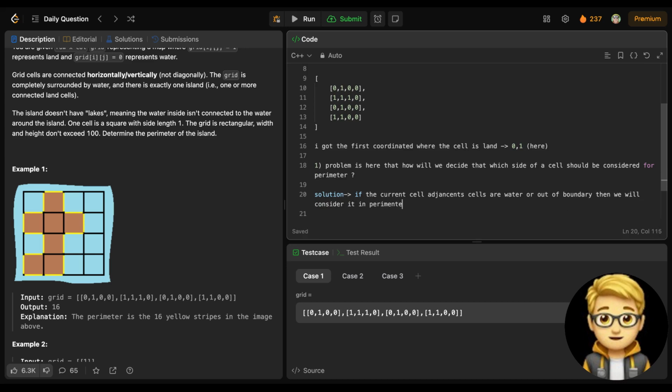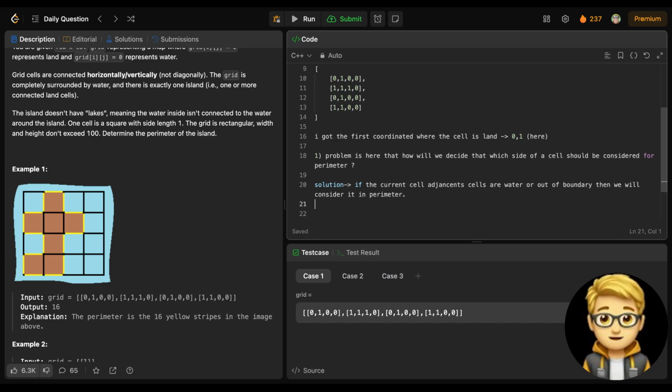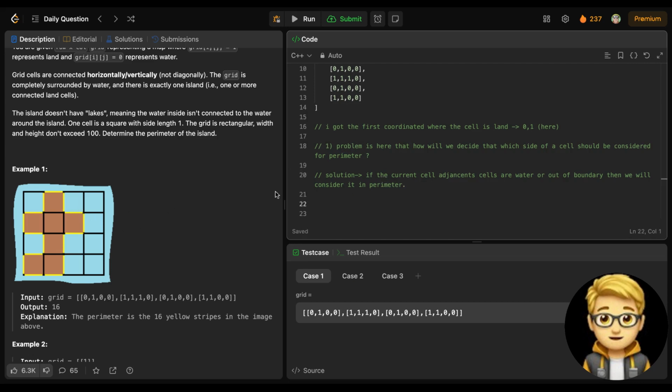So this is the observation here, according to me, and this is how we will calculate it.